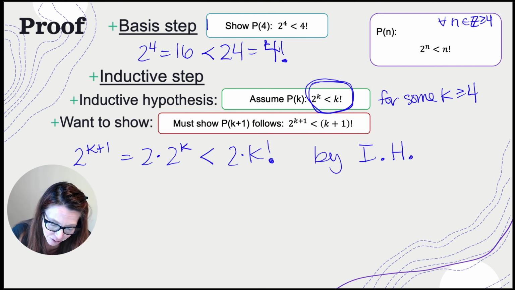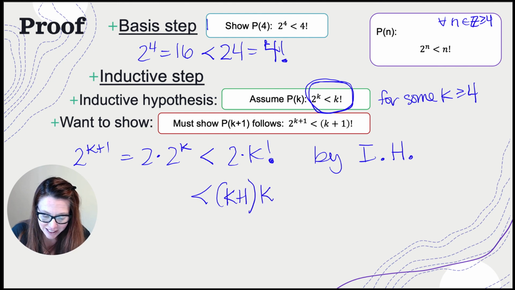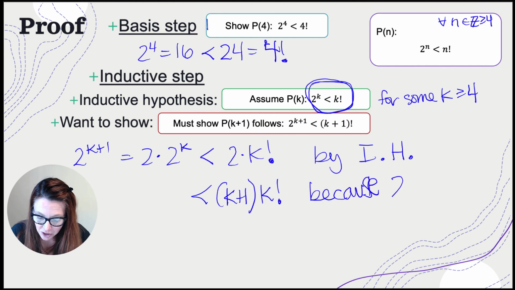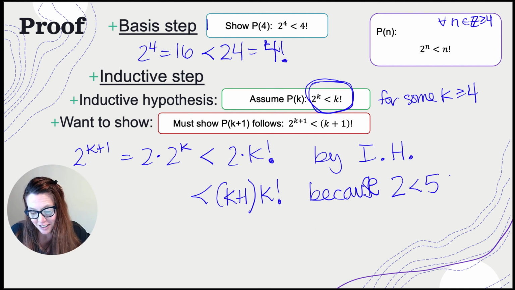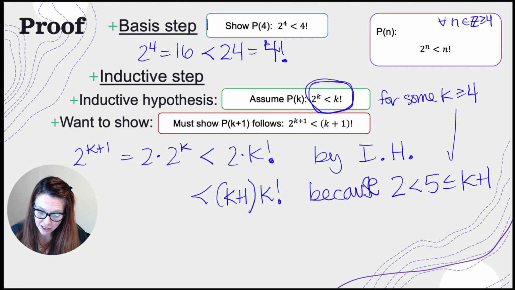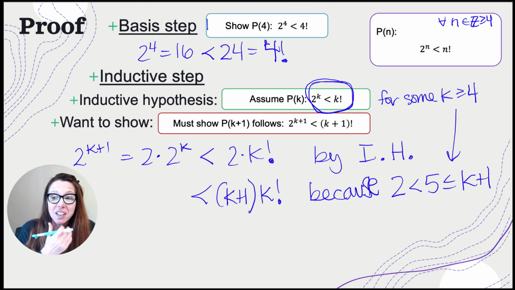So I can do the following. I can say, well, that is less than k plus 1 times k factorial because 2 is strictly less than 5, which is less than or equal to k plus 1, because k is greater than or equal to 4. So k plus 1 is greater than or equal to 5.